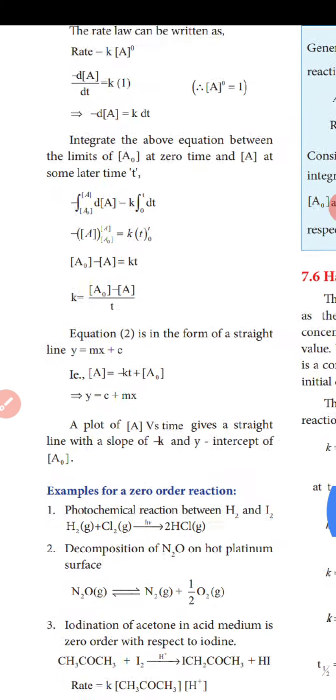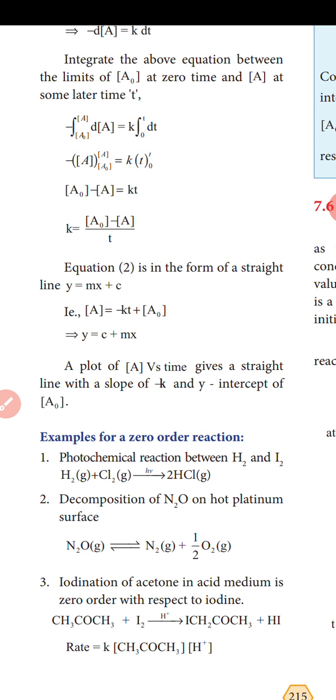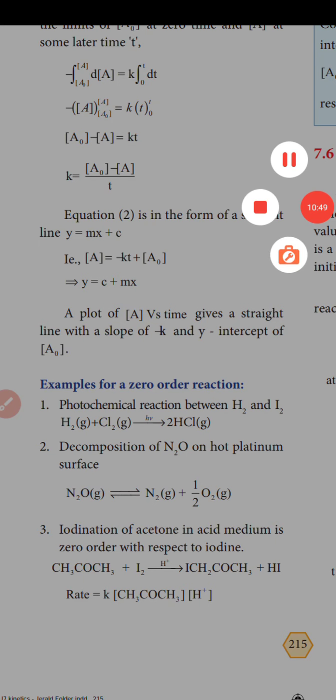For example, zero order reactions include the photochemical reaction between H2 and Cl2 gases to form HCl, and the decomposition of nitrous oxide on hot platinum surface. Ionization of acetone in acid medium is zero order with respect to iodine. Okay, these are zero order reactions. Thank you, students.